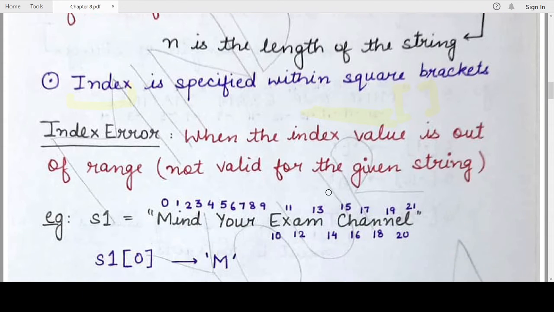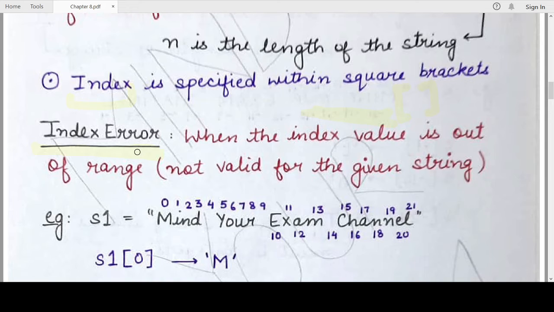Before understanding how to access a particular character in the string, we must understand that there is something known as the index error. So what is an index error? For any particular string, that string will have a particular length, and the only valid index values that can be used to access the characters of that string start from 0, including 0, and go till length minus 1, including length minus 1.